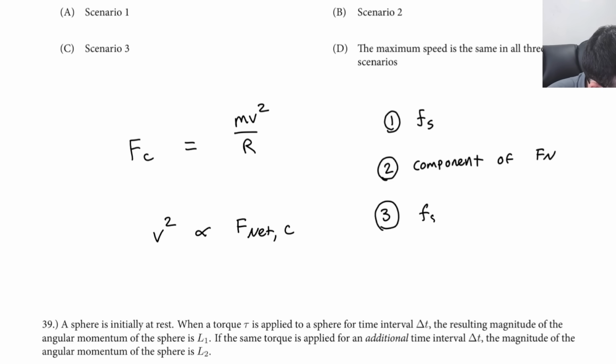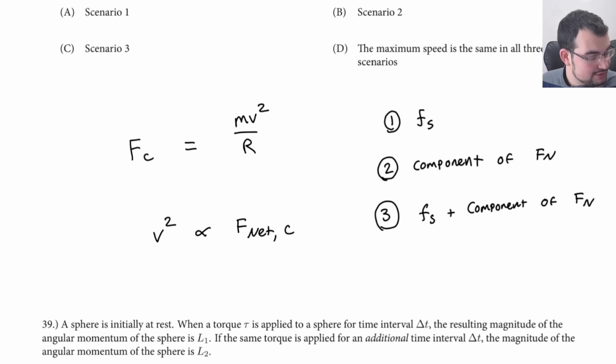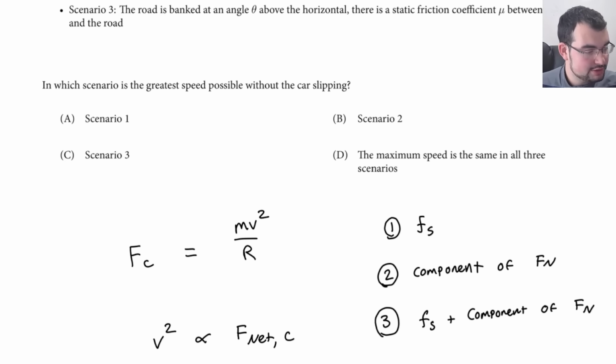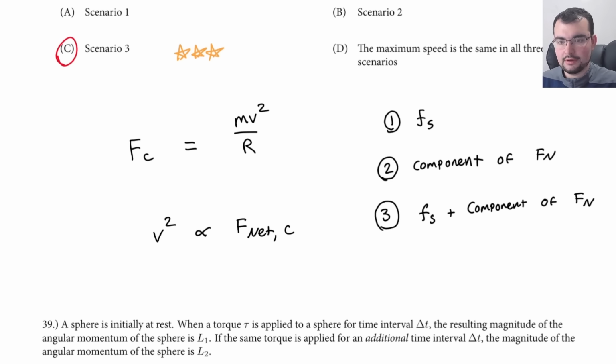We have friction helping us turn, and we have a component of the normal force. So think about turning as like traction, where these forces are helping give you traction. So if 3 is 1 and 2 combined, it has to be scenario 3. I thought that was difficult. Anything with banked curves is difficult.